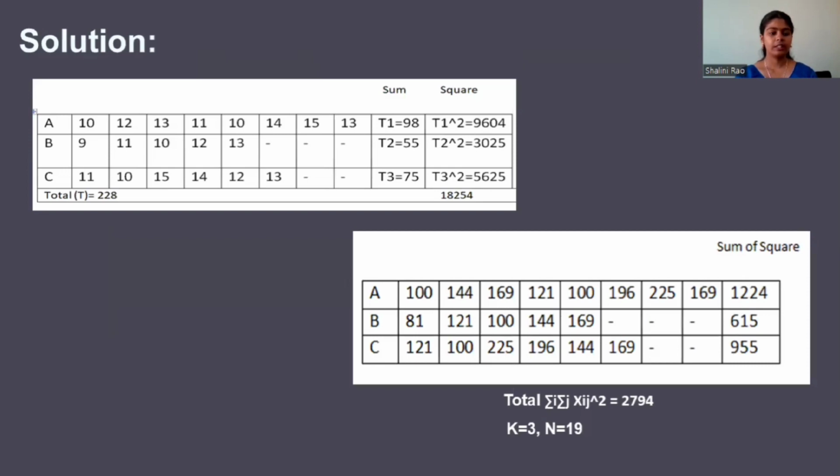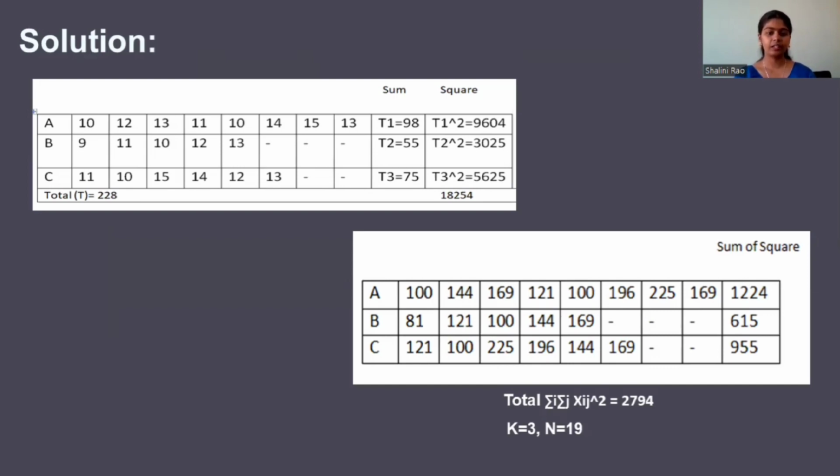Solution. To the table of observations, we add sum and square. That is, we add the observations row wise to get T1, T2 and T3. And the square of T1 will be T1 square, and T2 square, T3 square respectively. Adding T1 square, T2 square and T3 square, we get the total square value.